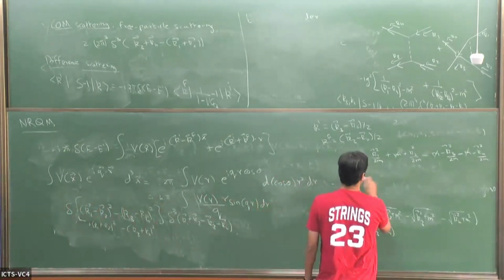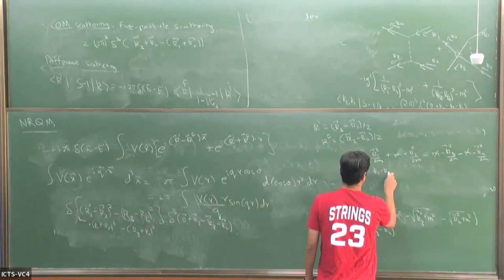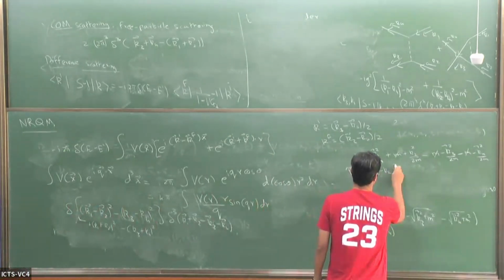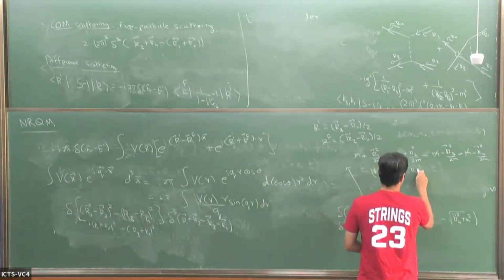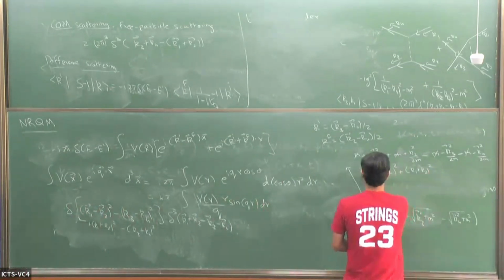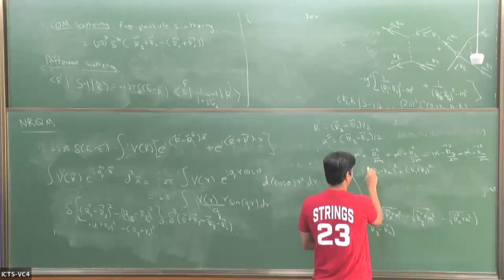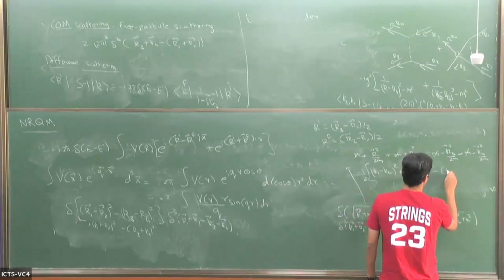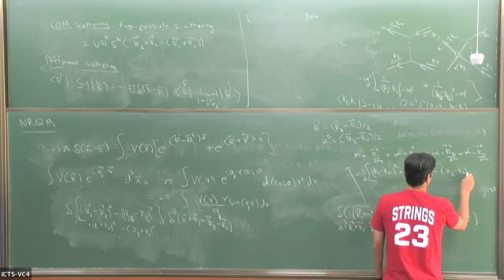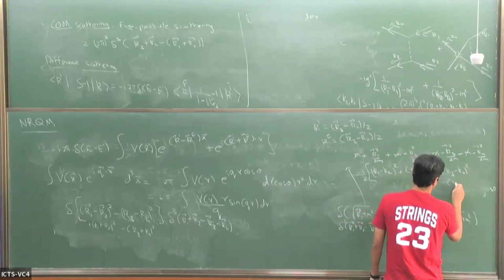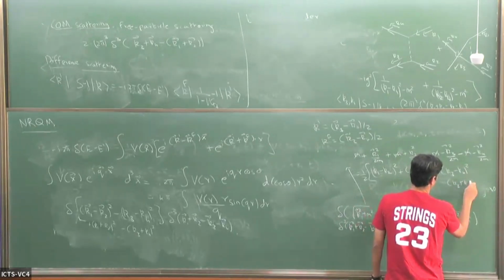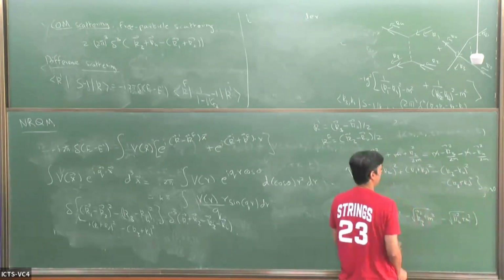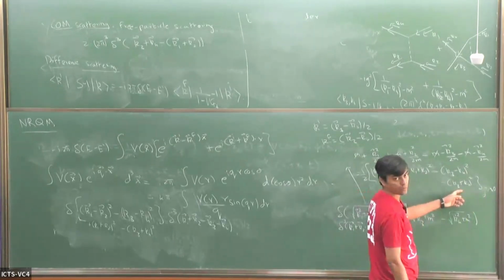In this case, this is just equal to (k1 minus k2) squared plus (k1 plus k2) squared, just using this identity, minus (k3 minus k4) squared minus (k3 plus k4) squared, and then using the fact that there's an additional delta function that sets k1 plus k2 equal to k3 plus k4.